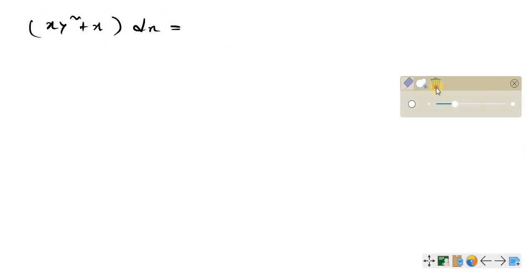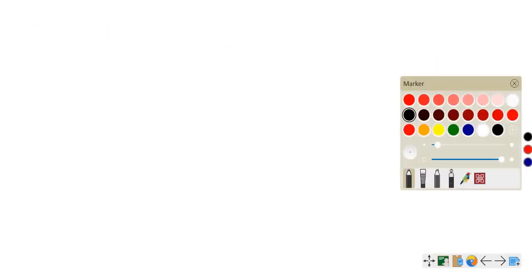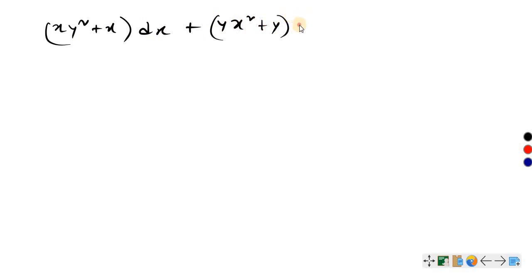Let us see this question, that is (xy² + x) dx + (yx² + y) dy = 0.